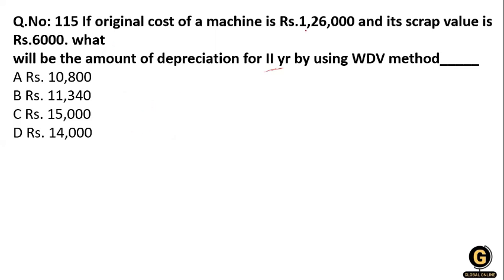From the original amount, we have to depreciate and calculate the second year's depreciation. So this is also a homework question for you. You can reply to the question, and I will explain it in the next video. Clear?